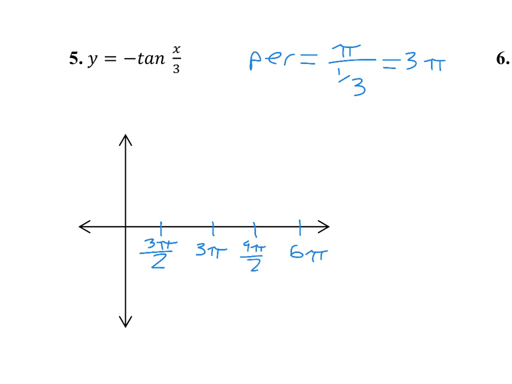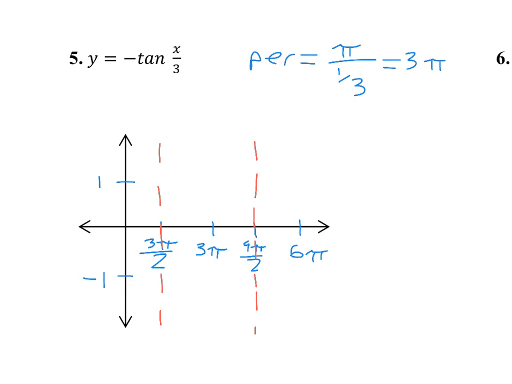Alright, tangent and cotangent both do not have amplitudes, but we're going to use that a value anyway. So we want 1 and -1. Okay, so whenever you graph 2 periods of tangent, the first and the third quarter will be asymptotes.